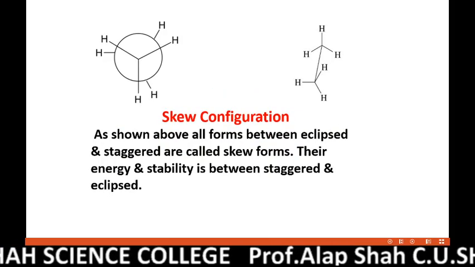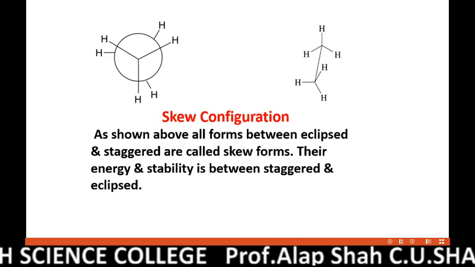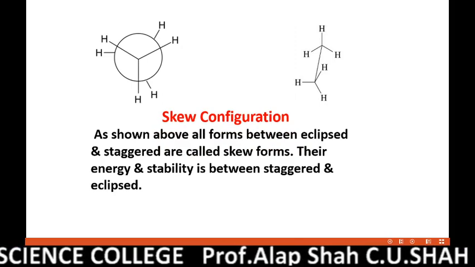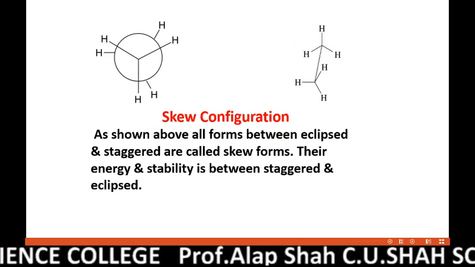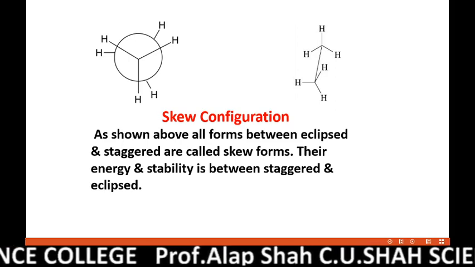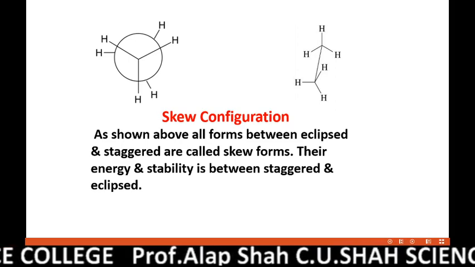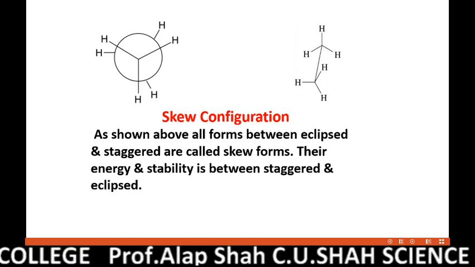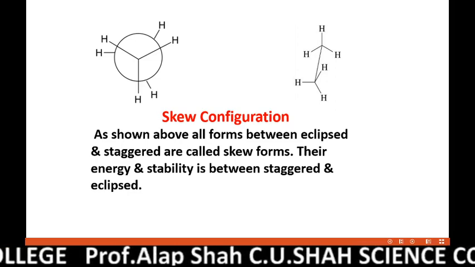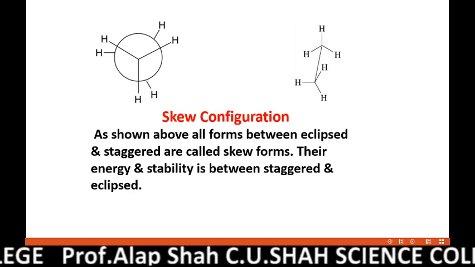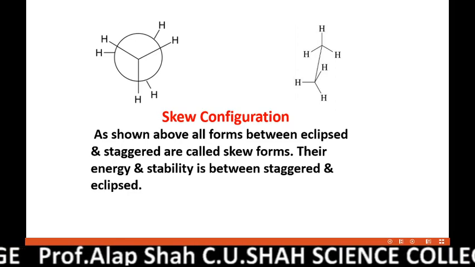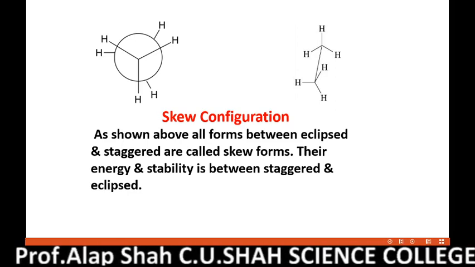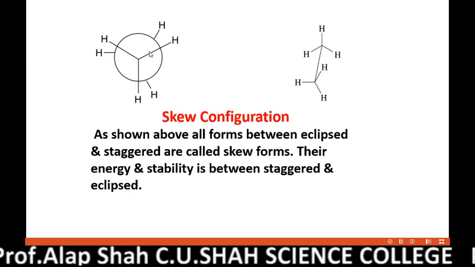Now, there are so many different forms of ethane which are neither fully staggered nor fully eclipsed. They are called skew conformer or skew configuration. Sometimes it is also known as the gauche conformer. You can see that in this figure. See the Newman projection.